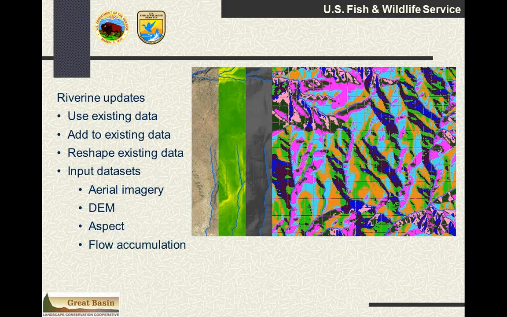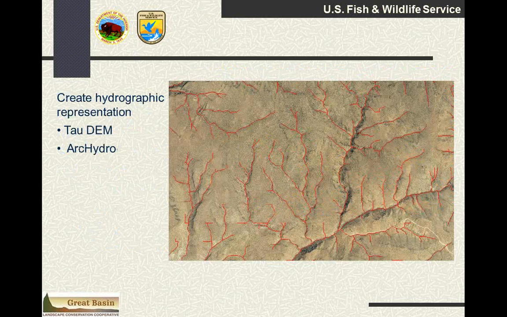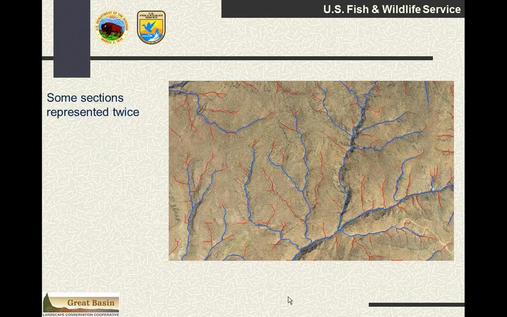And to do that, we have some input data sets for a partially automated process. We use our aerial imagery, a DEM, an aspect, and the flow accumulation model that we then run through ArcHydro or TauDEM or another flow accumulation type model. We get a representation of what should be there on the land surface, given what the digital elevation model tells us is being drained. And from there, we see that some of these stream selections are represented twice on the landscape.